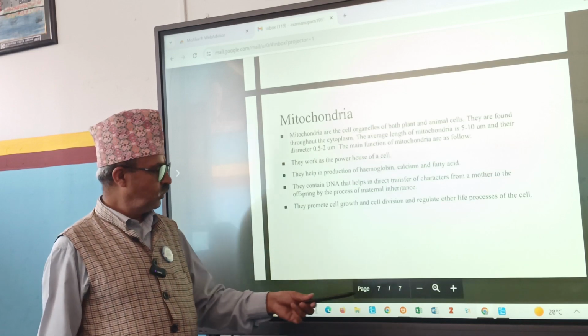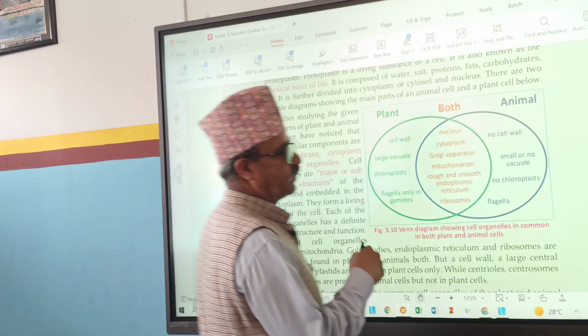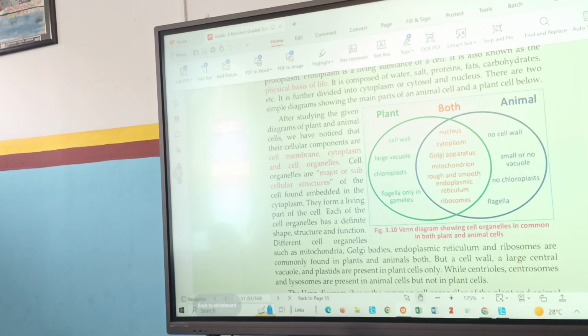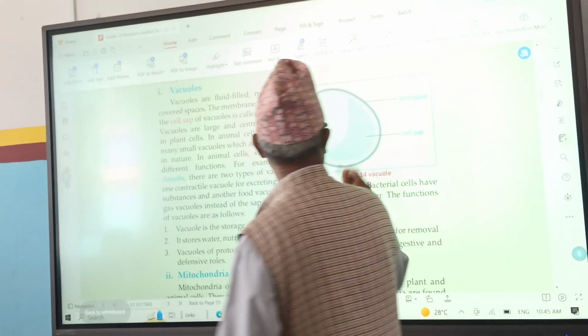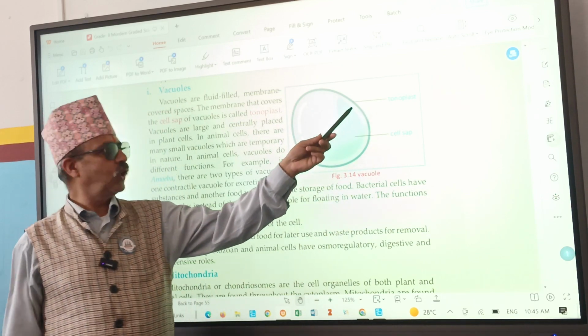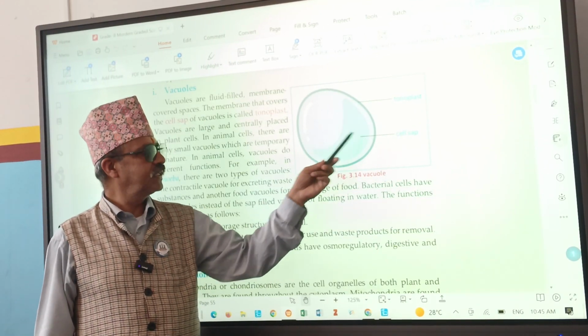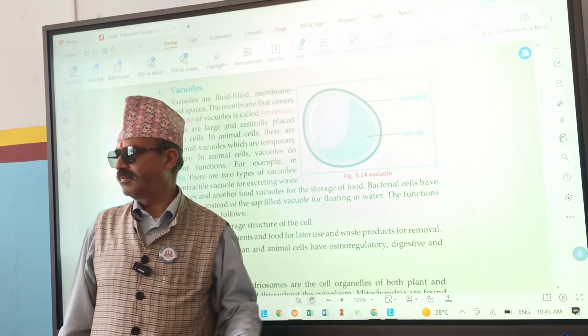Vacuoles. So when we talk about vacuoles, now I'll tell about it. This is a vacuole. Can you see the structure of the vacuole? The outer membrane of the vacuole is called tonoplast. And the liquid present inside is called cell sap.